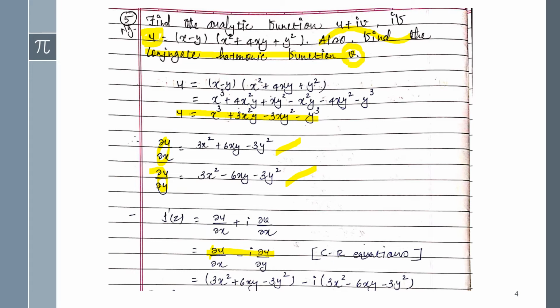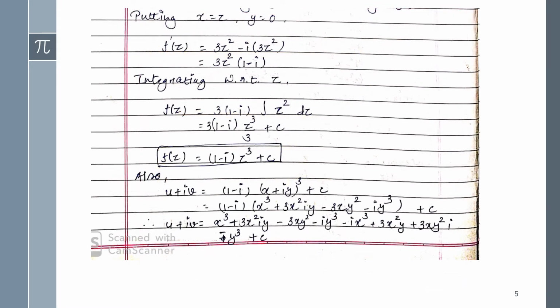So you can see that it is given here, so putting the values of x and y: in place of x I am putting z, and in place of y I am putting 0. So by putting these values you will get the term 3z square into the bracket 1 minus i.